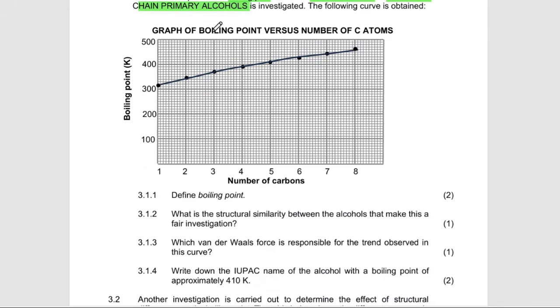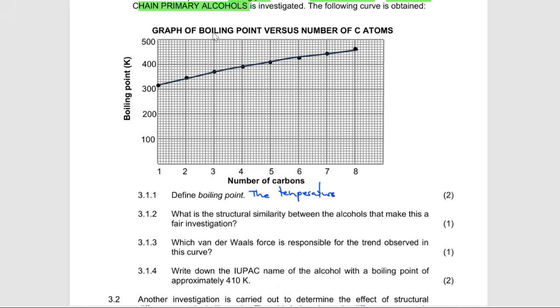Having that, the first question they're saying is define the term boiling point, right? So we need to know what the boiling point is. Take note: always start with the temperature. If this keyword is not there, your definition is going to be considered wrong, right?